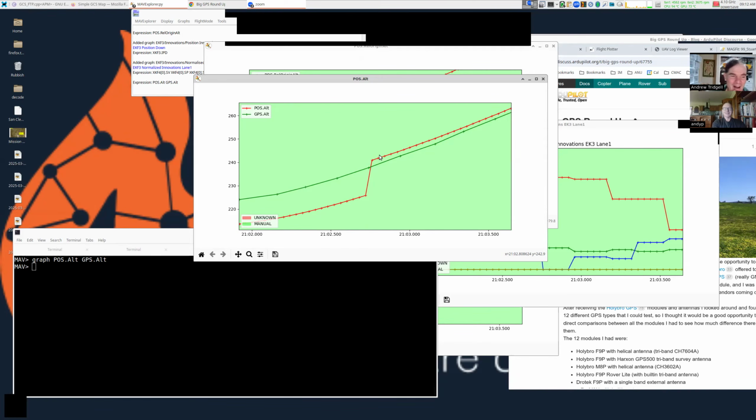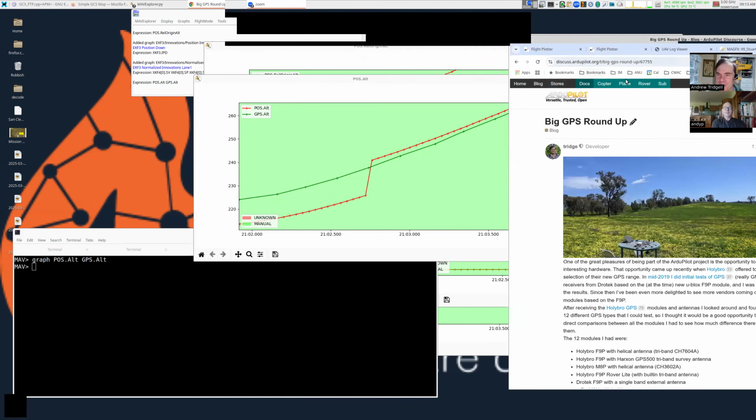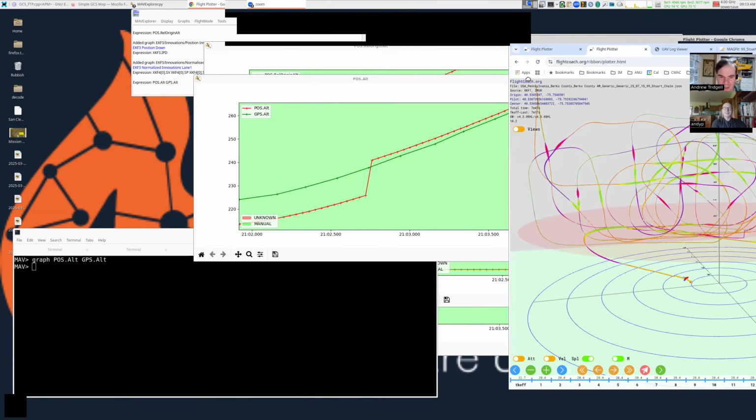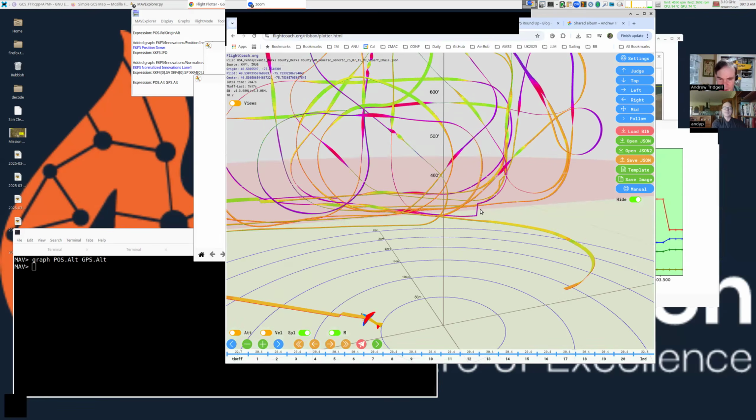So ArduPilot, when it's monitoring, has this EKF statistical filter, and it will occasionally say, I've been trusting this sensor for now, but based on the current probabilities it really looks like I was going down the wrong track, and it will actually jump the position. That is what happened in the ribbon. So it's taken us an hour, but we've eventually got to the point of answering why this happens.